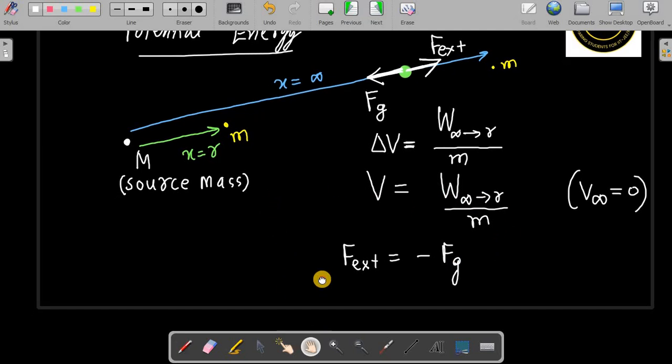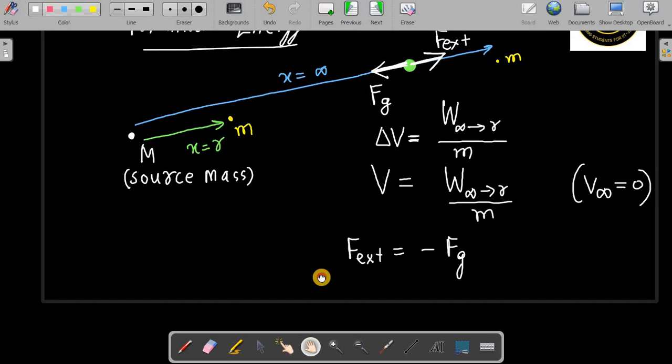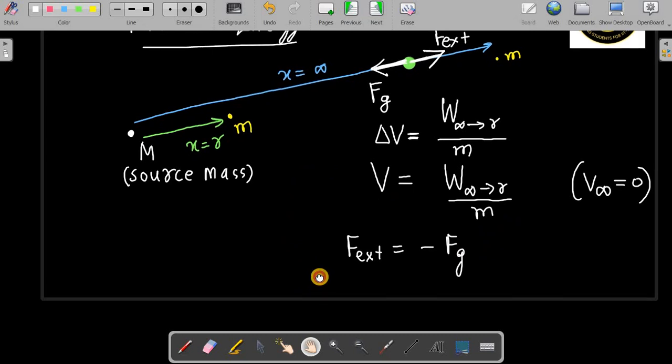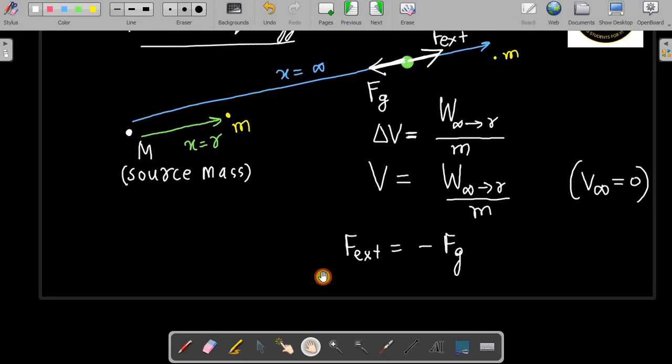Now let us substitute the value of the gravitational force, as we want to calculate the work done by the external force.